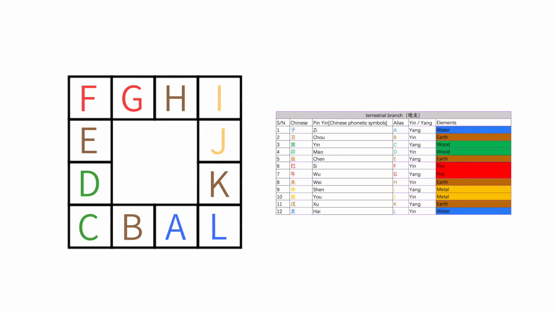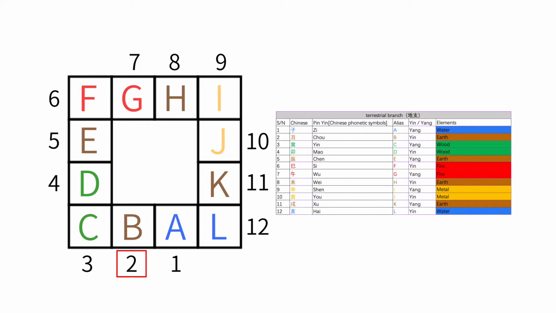The first thing you need to know is that the 12 terrestrial branches are in order. First, second, third, fourth, fifth, ... 10th, 11th, 12th, and first, second, third, fourth.